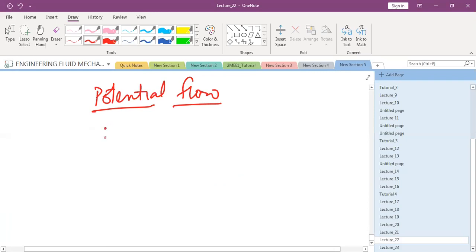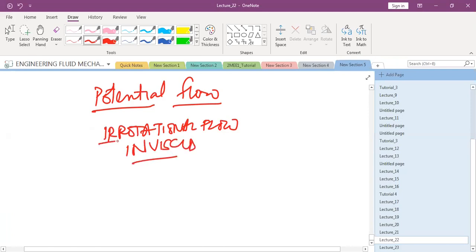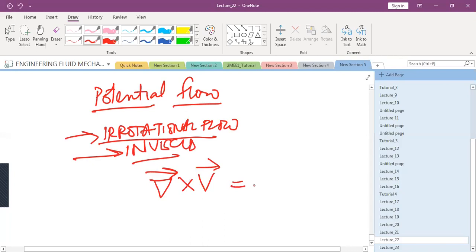Potential flow is inviscid and irrotational flow. Normally we treat it as inviscid as well as irrotational. We actually apply two things. So what does that tell you? Del cross V should be 0, a null vector, that is, vorticity is a null vector.